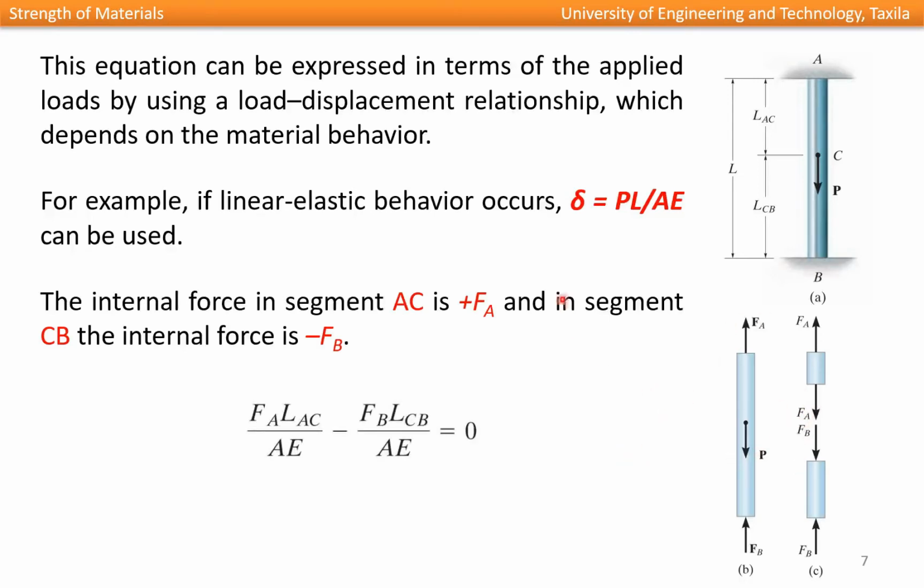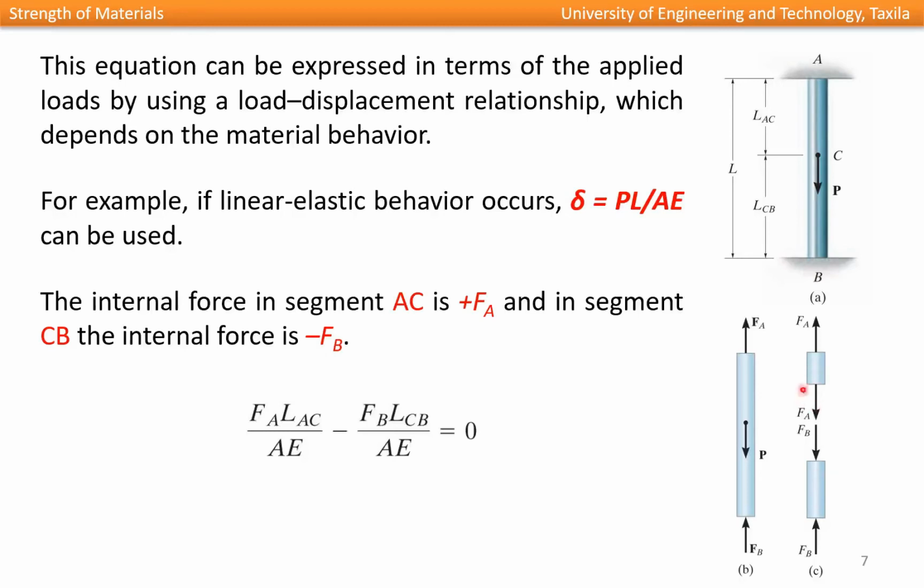So if we apply this displacement equation to this segment and this segment, we have this form. It means that the summation of displacement or deformation in segment AC and in segment CB is equal to 0.